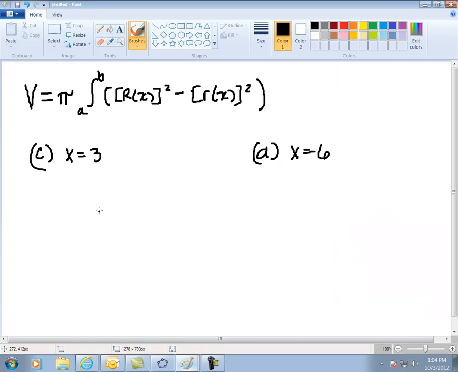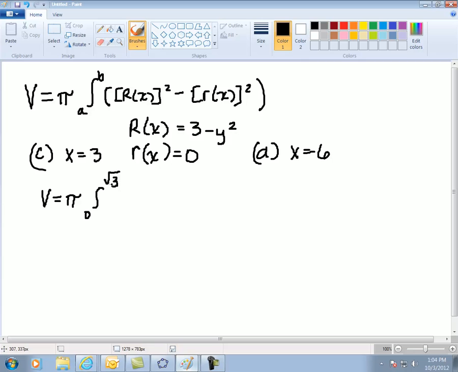So going back here, my inner radius, like we just talked about, is going to be 0, so I don't have to worry about that. But now the outer radius is going to be 3 minus y squared. So now we can find our volume. It's going to be pi. Again, I'm still integrating from 0 to the square root of 3 because I'm going in the y direction.